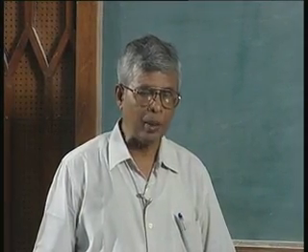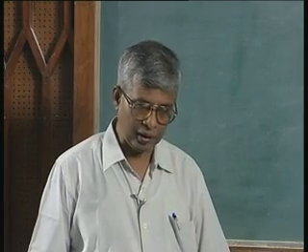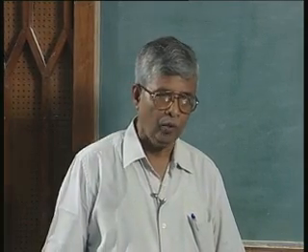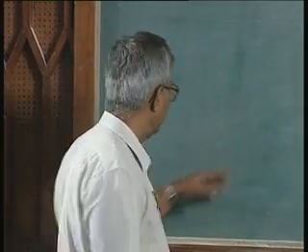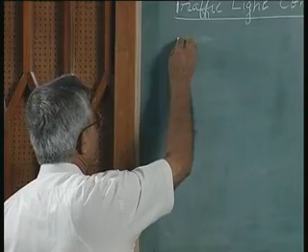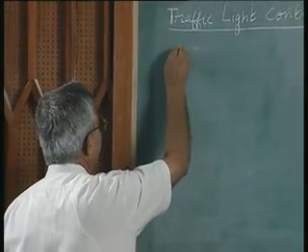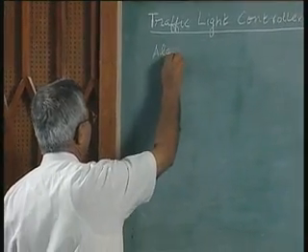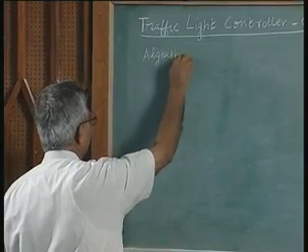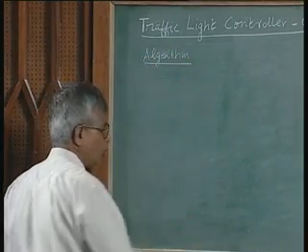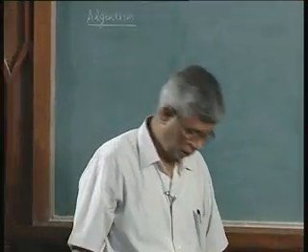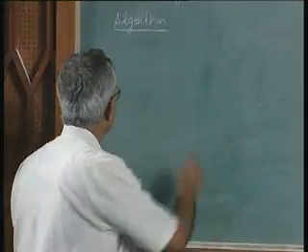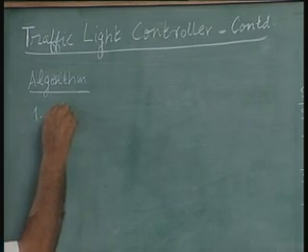In order to recapitulate what we did in terms of specifications, we will quickly go over the specifications of the traffic light controller. First, it is in reset state. This is sort of an algorithm, but not in the ASM form, just to give you a quick review as well as a summary of the specifications.